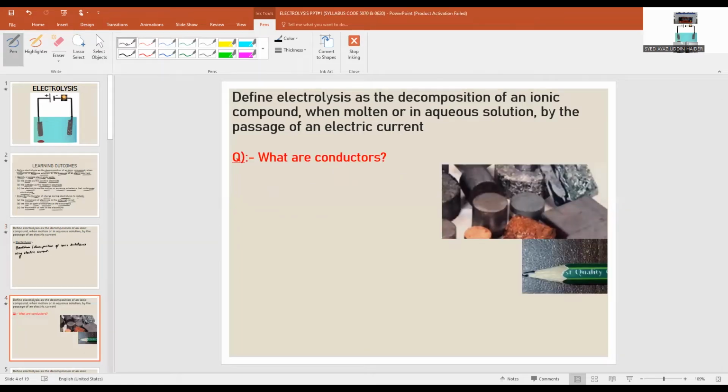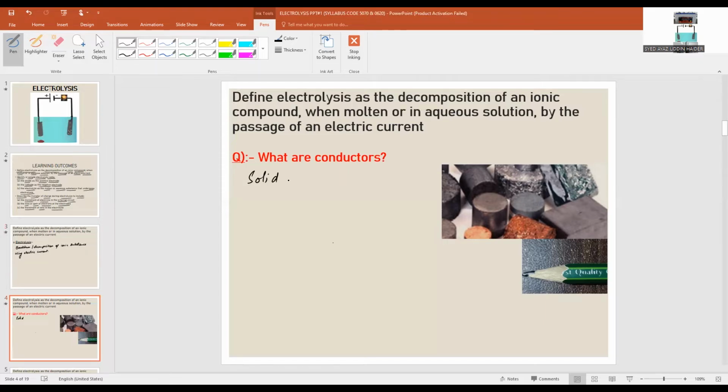What are conductors? You must have a clear concept about conductors and electrolytes before proceeding further. Remember, conductors are any solid substance that allows the passage of current, or one that conducts electricity.